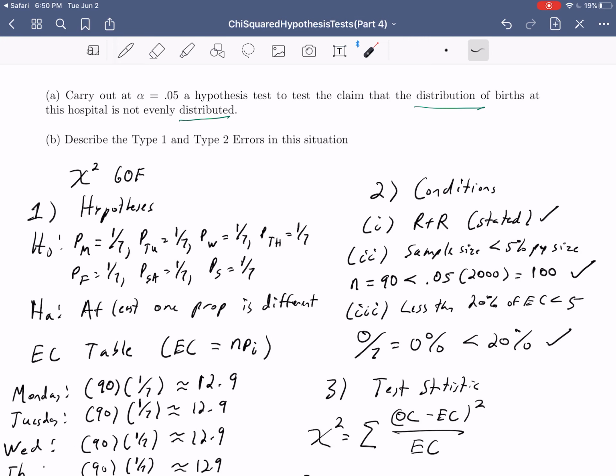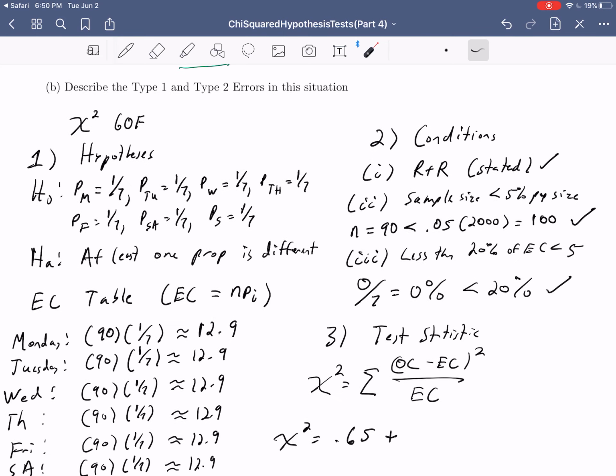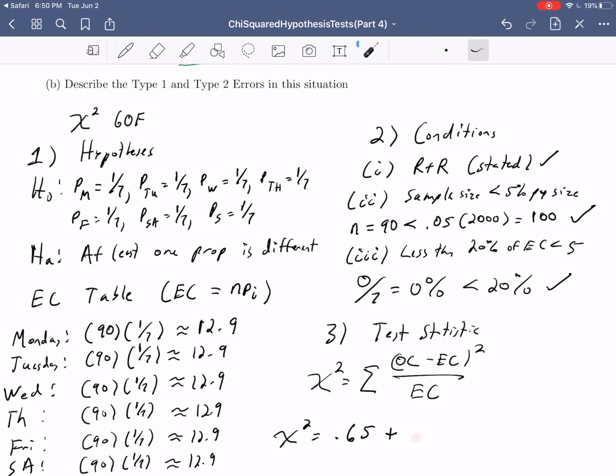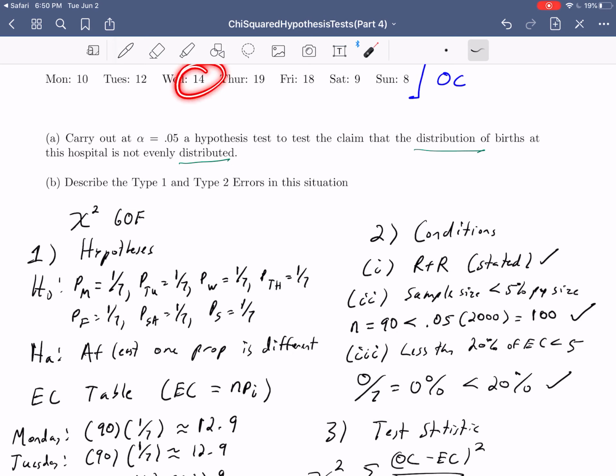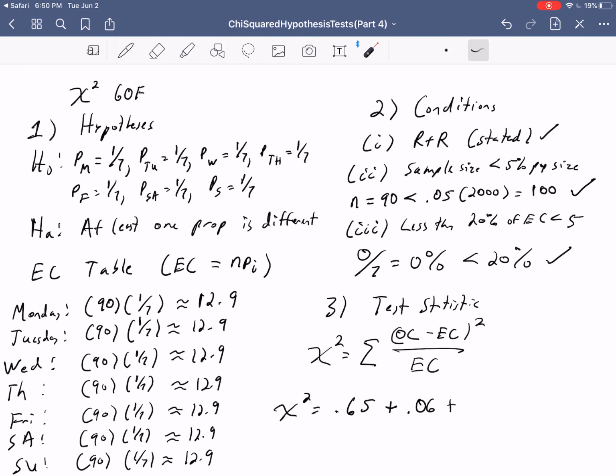So (12 minus 12.9) squared divided by 12.9. So that would be 0.06. And then plus, next one, we observed 14 versus an expectation of 12.9. So (14 minus 12.9) squared divided by 12.9. Looks like we get plus 0.09.